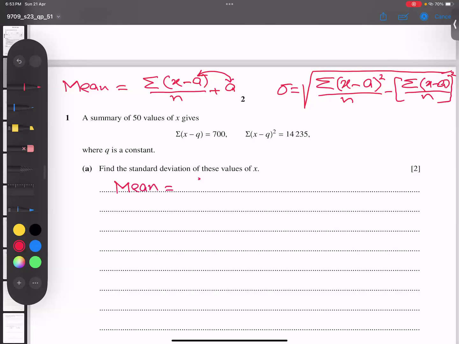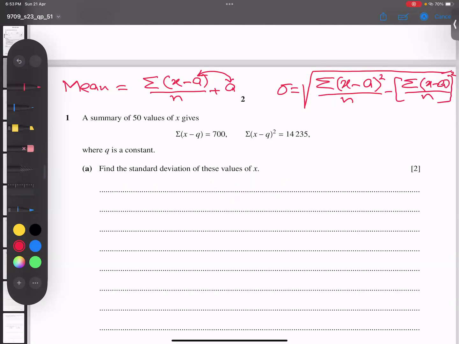The mean formula is sigma (x minus q) over n, plus q, because I told you this variable and this variable are always the same. He talks about deviation, so the mean is not needed. This formula is not required. We can do it without the mean formula.